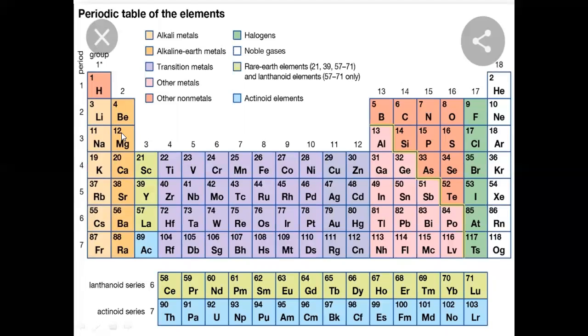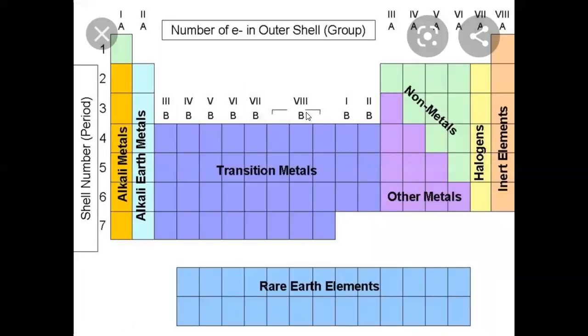Out of those 16 groups, 8 groups are called main group elements, and they are represented by the letter A. You can see 1A, 2A, 3A, 4A, 5A, 6A, 7A, and 8A. These are called main group elements, typical elements, or representative elements.